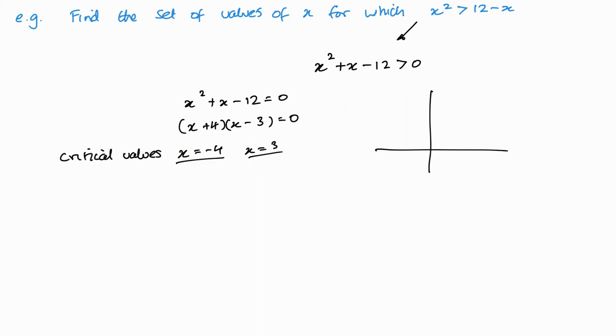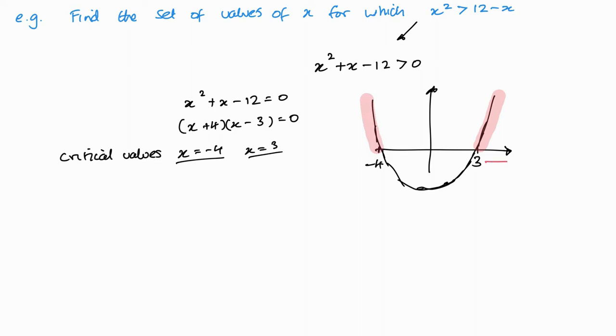So make sure you do your sketch. Minus 4 and plus 3, it's a positive x squared, so it looks like this. We want it when it is greater than 0. So greater than 0 comes when my line's above the x-axis. So here and here.